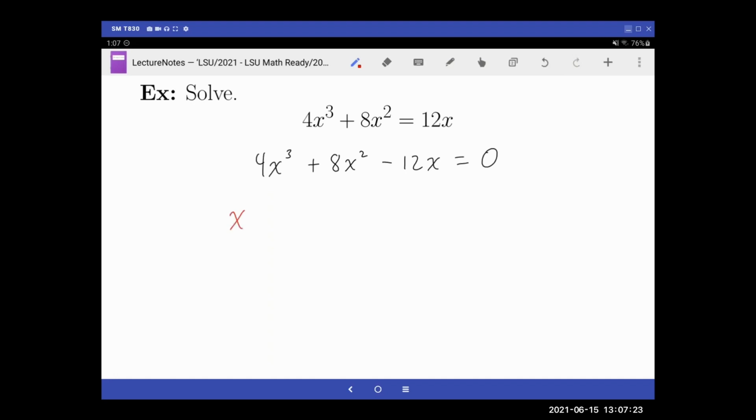Looking at the numbers, I see 4, 8, and negative 12. All of those can be written as 4 times something: 4 times 1, 4 times 2, 4 times 3. So I can factor out that common 4.